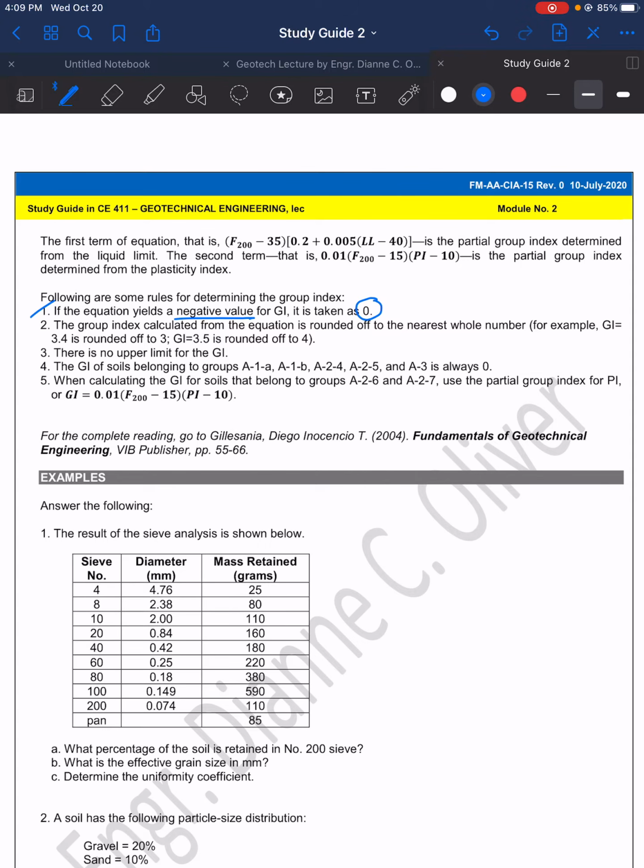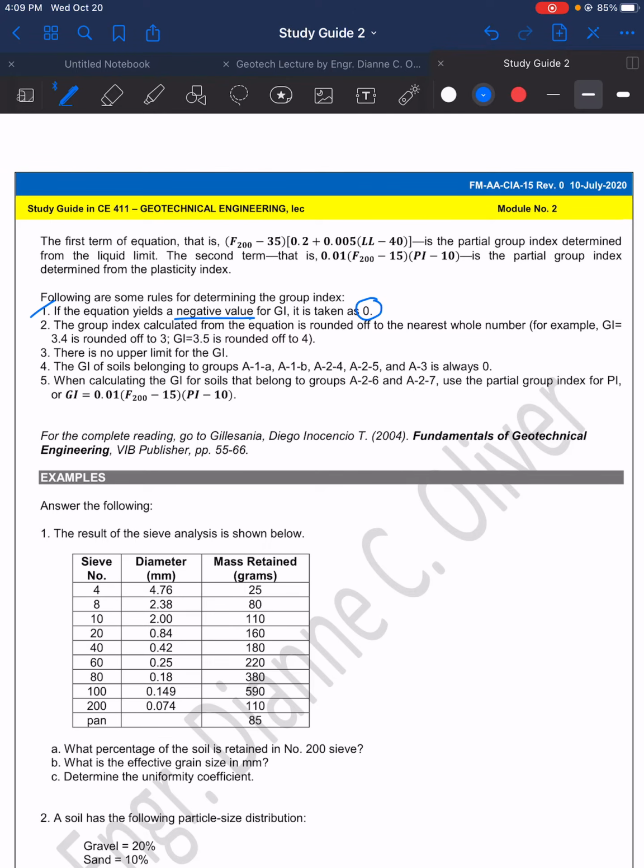So meaning there is no negative value for the GI. After the parenthesis, for example, we have here A-1-B parenthesis -1. No, you must not put -1 there. Rather, you will put there 0.